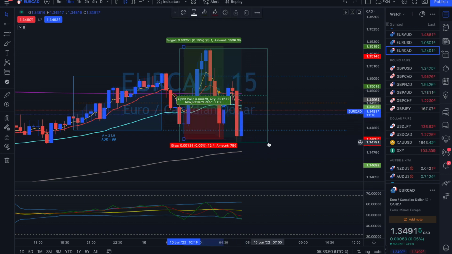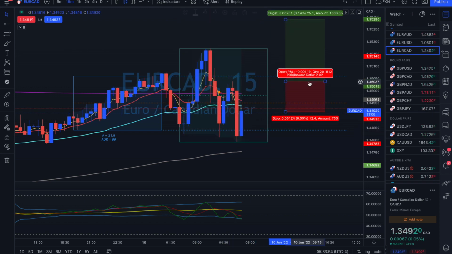Here's a perfect example of what happens to a lot of traders: they get barely taken out, and then the move ends up going in the direction anyway. They're like, damn it, I got taken out and it still went up in my direction. It can be very, very frustrating for those traders.